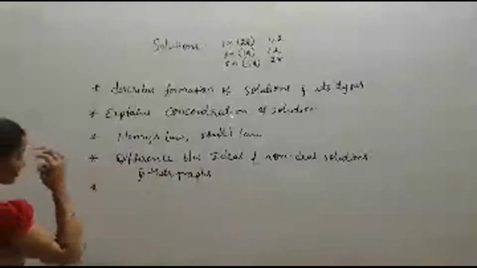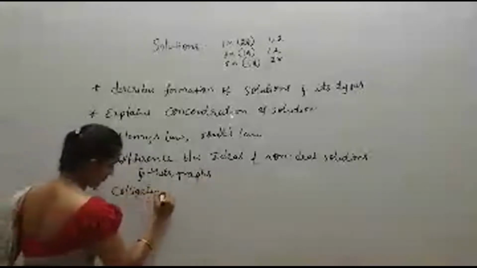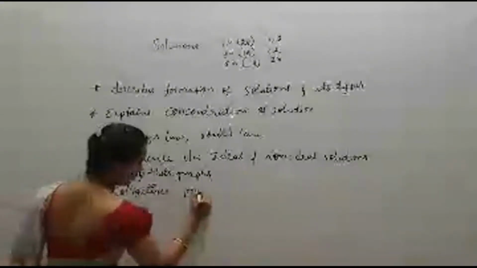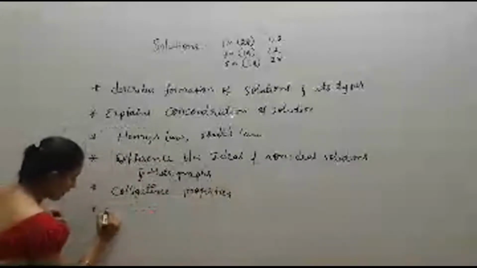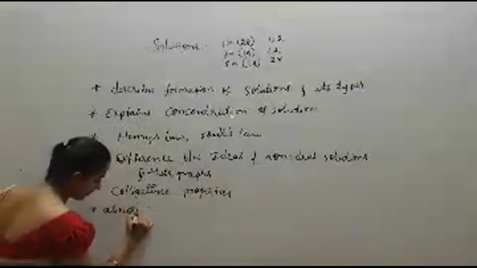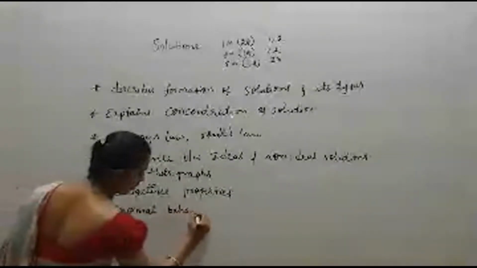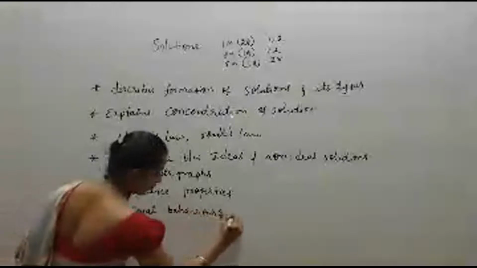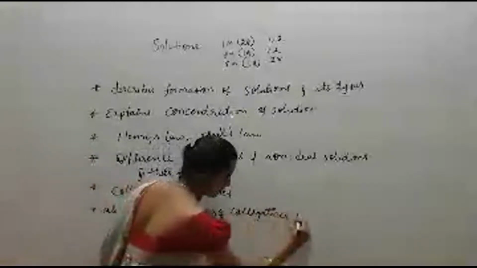Next one is colligative properties. Next, abnormal behavior of colligative properties.